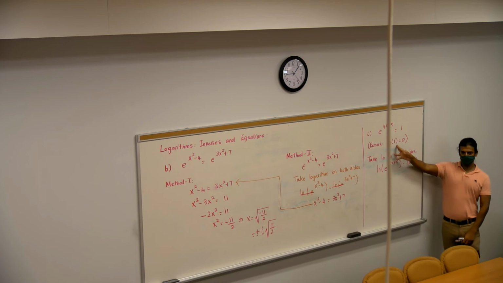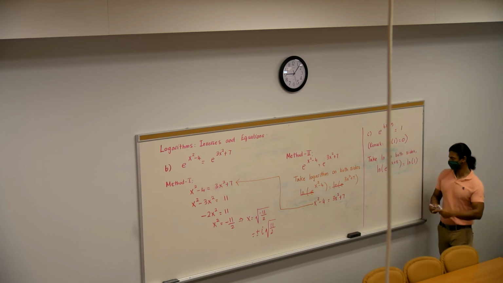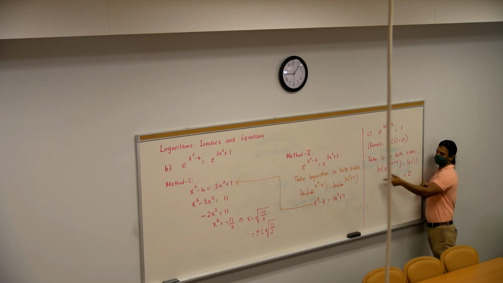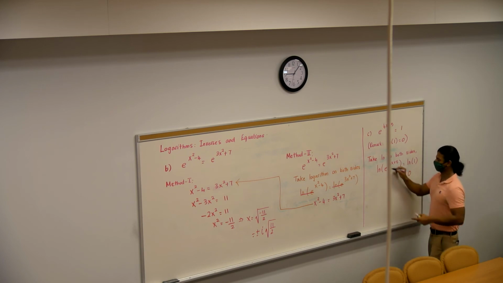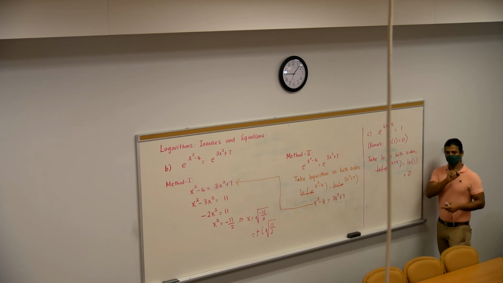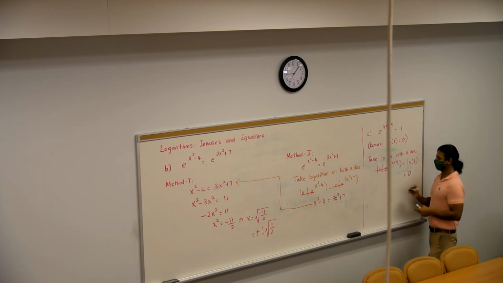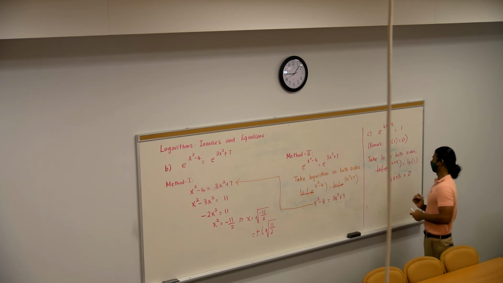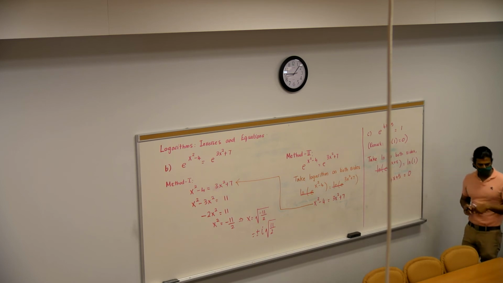And I just mentioned ln of 1 is 0, right? One of the properties. So that would be 0. What happens to those two? Goes away, right? So we would have 4x plus 5 equals 0.